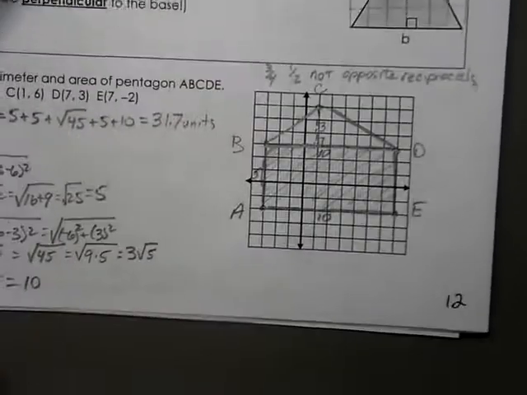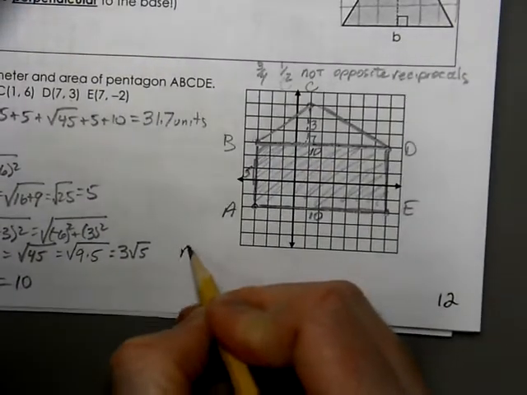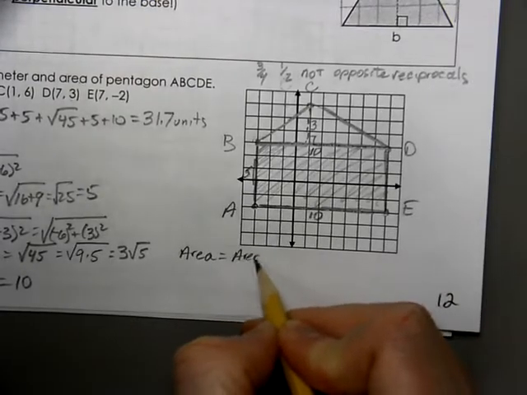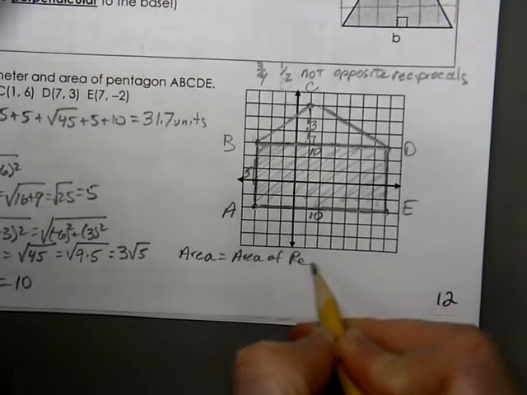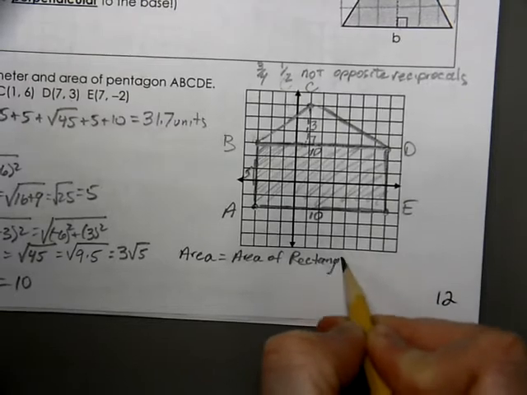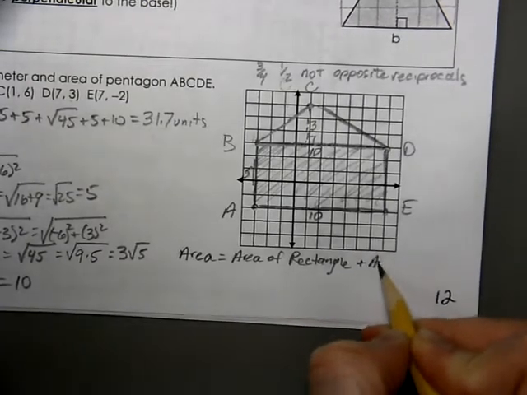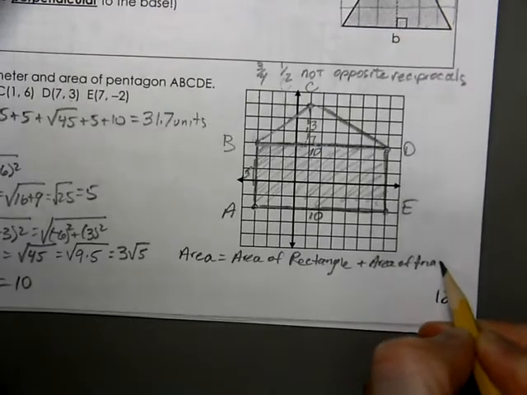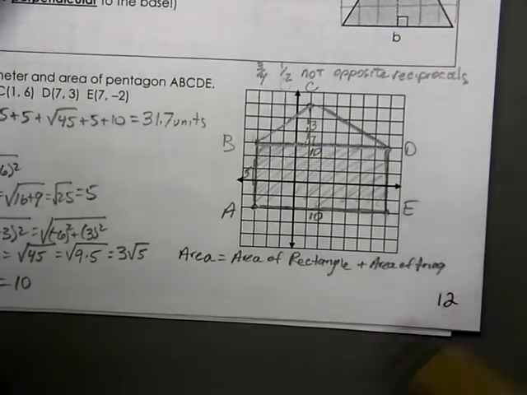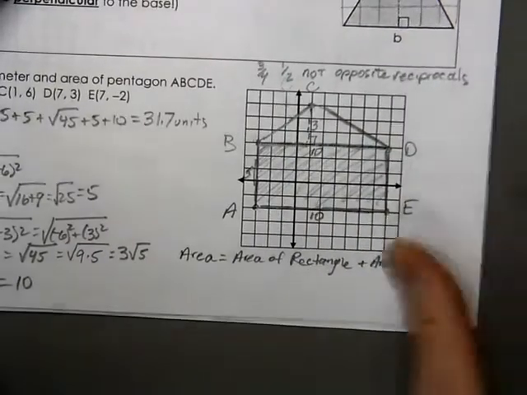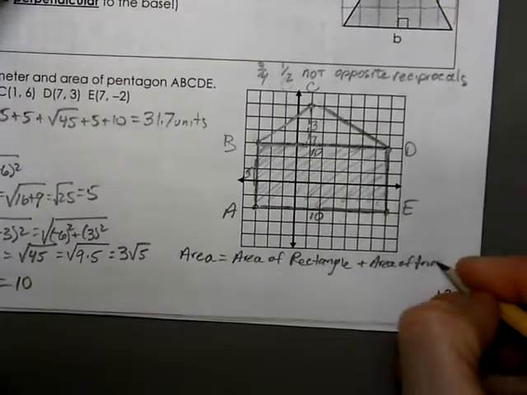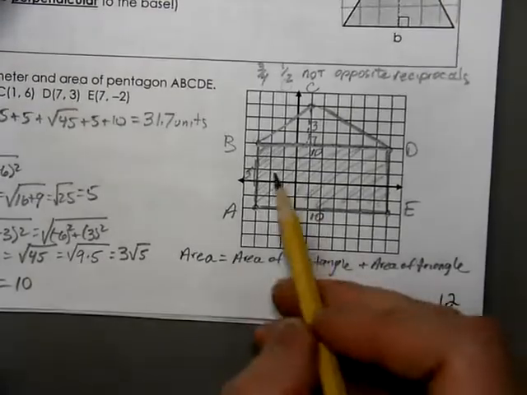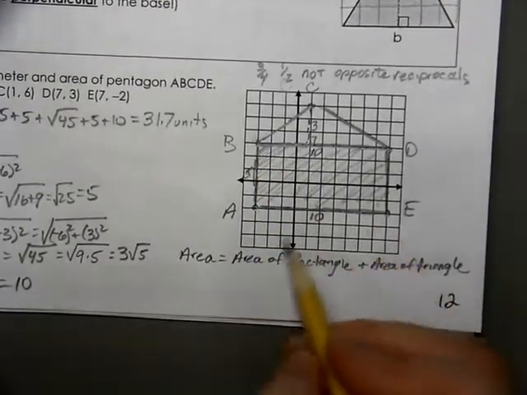So to find the area of this polygon, we're going to take the area of the rectangle plus the area of the triangle. Gotta get the right letters in there. So the area of the rectangle was base times height.